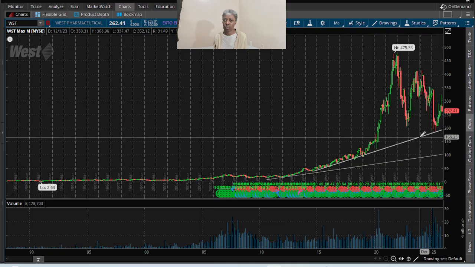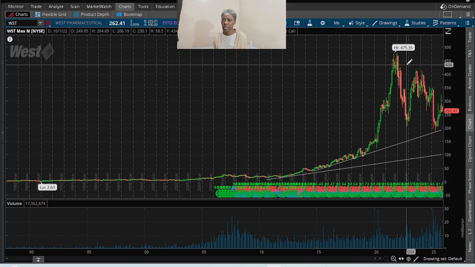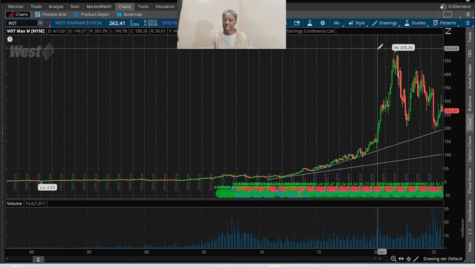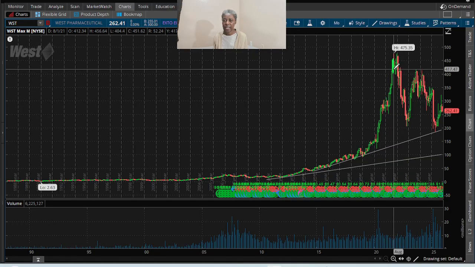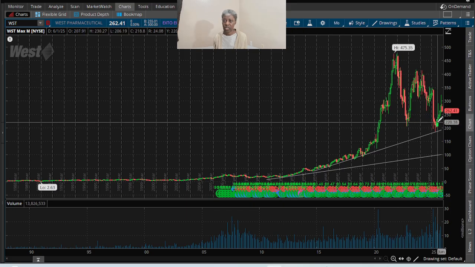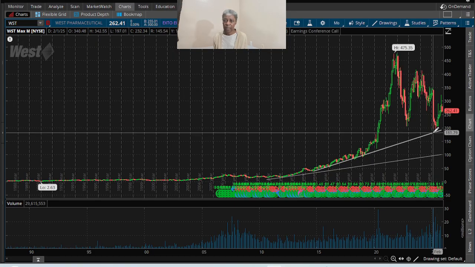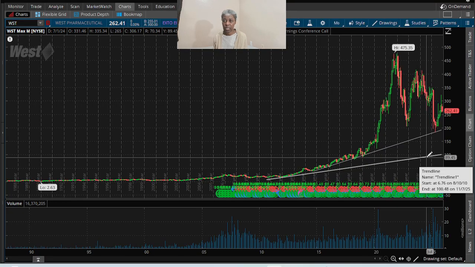This has more touch points than this one, but again, for the past 4 years, it has not replicated this highest price yet. It's trying, but has not reached that level yet. So I'm not sure if this is going to be the value line or if this one is going to be.